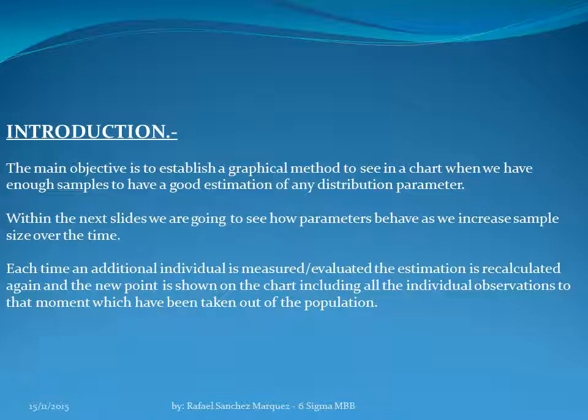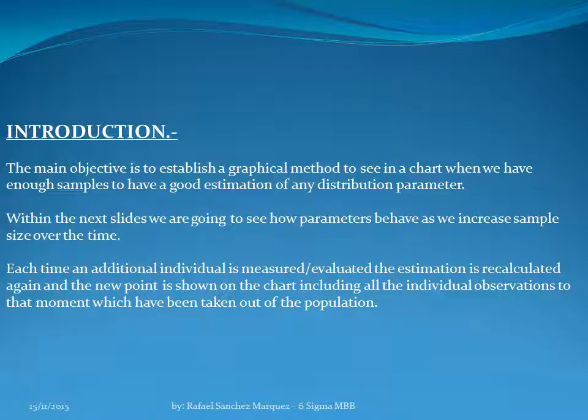These practical rules for estimation of parameters from any statistical distribution are, for example, as you can remember, for the normal distribution, to take 50 data points or data measurements and never less than 30.